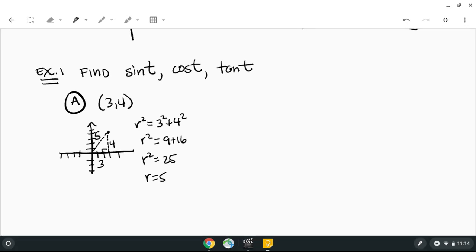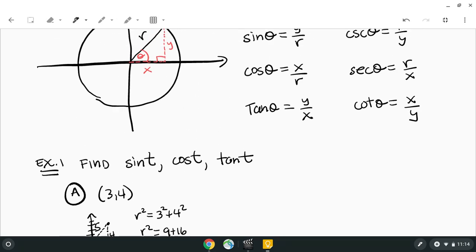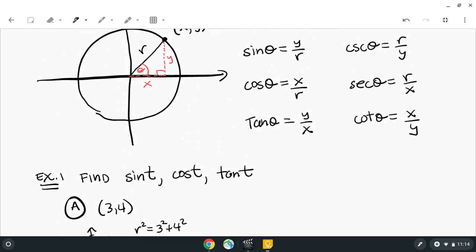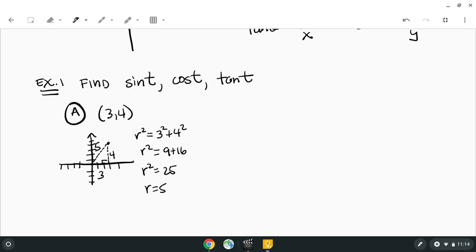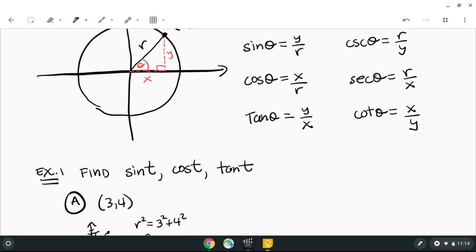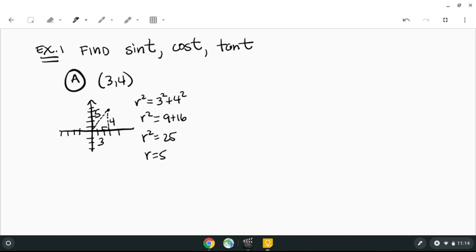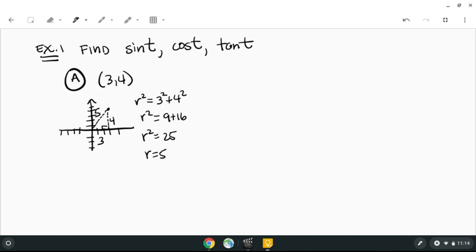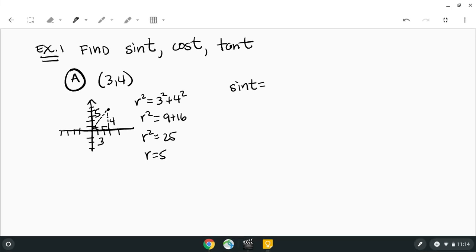Okay, so once you have all of those values, the x, the y, and the r, then you can apply this here. Sine is y over r, cosine is x over r, and tangent is y over x. All right, so let's do sine t. Sine t is going to be opposite, or y value, over your r value.